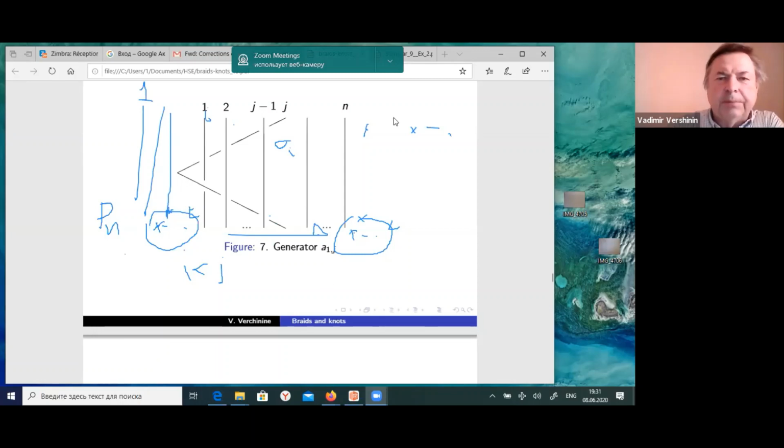It means, for example, that if you have here A_ij, and now you have another one, A_kl, which goes this way.